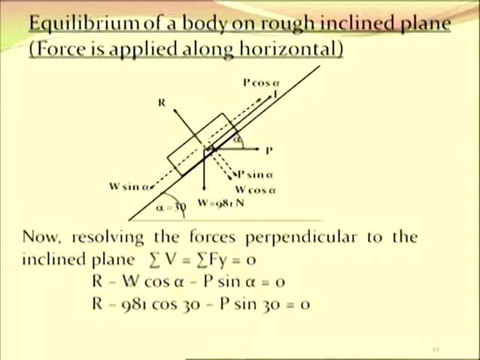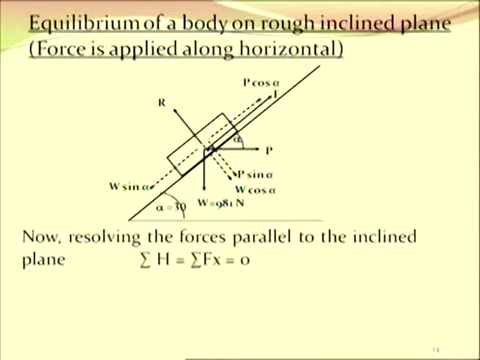Here W is 981 Newton, alpha is 30 degree, P we have to obtain so it is unknown. By simplifying this, R is equal to 849.57 plus 0.5 P, that is equation number 1.